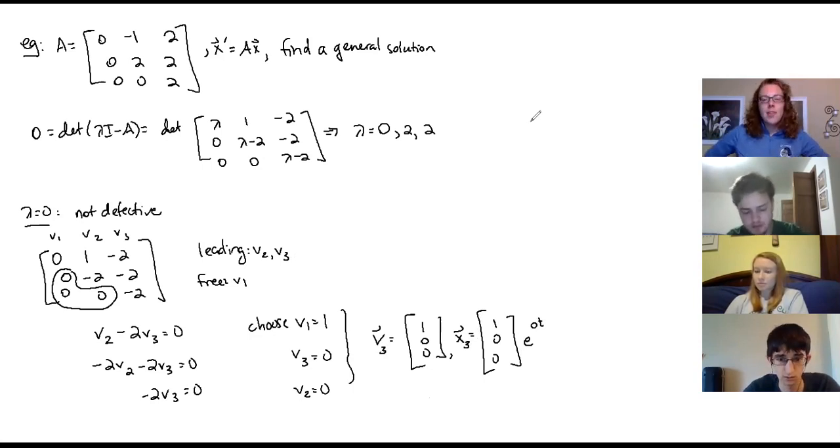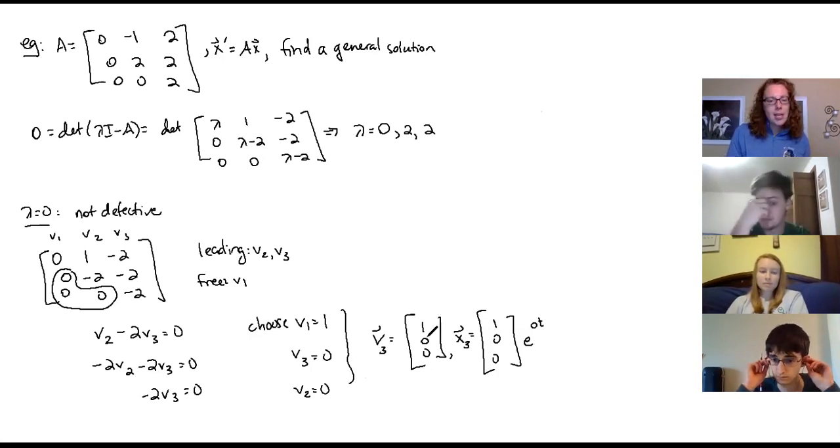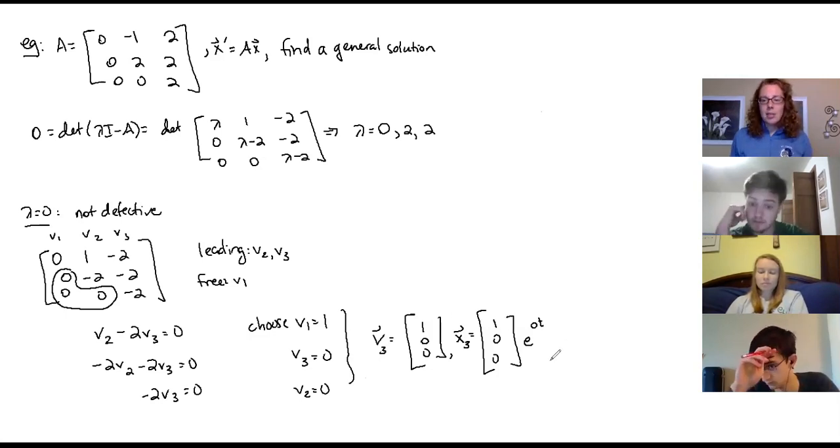I can choose V1 to be anything I want. I picked 1. And it ends up that V2 and V3 both have to be equal to 0. So my vector V3 is 1, 0, 0, but you could have anything you want in this first entry right here. And then my vector X3 is 1, 0, 0 times e to the 0t.